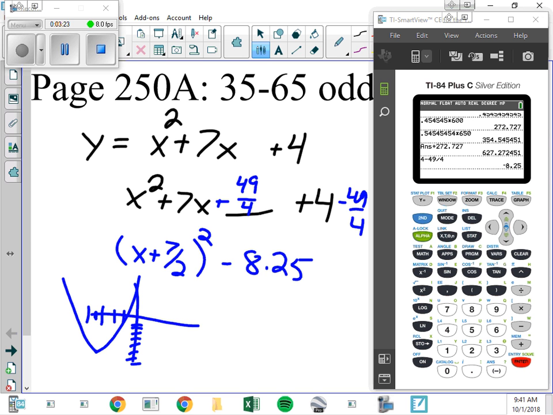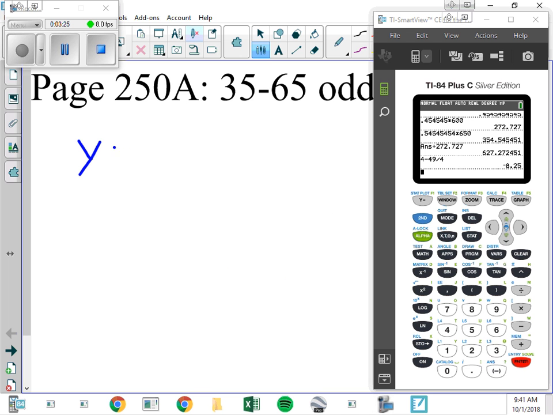Okay. All right, what if we had y equals negative 3x squared, let's say plus 24x, and then minus 18.